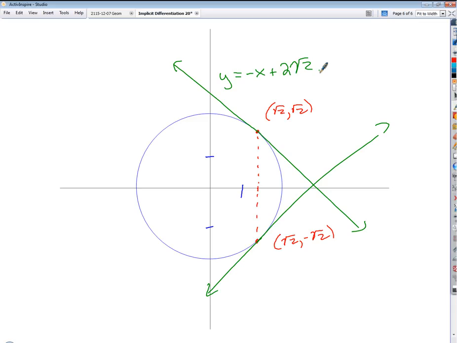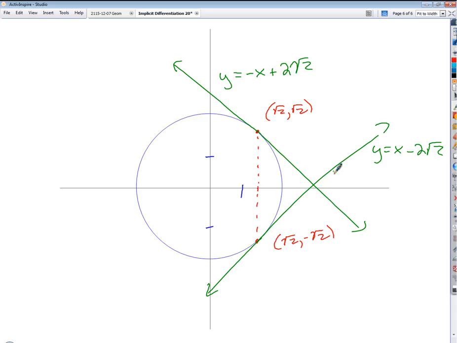This one down here would have been y equals x minus 2 radical 2. Y-intercept, yeah, it's about 2.8, isn't it? I mean, if I drew it right. That's about negative 2.8, roughly, 2 times the square root of 2. The slope is negative 1, the slope is positive 1. Now we can kind of see that, yeah, it worked, right? Those are the two tangent lines that we calculated.